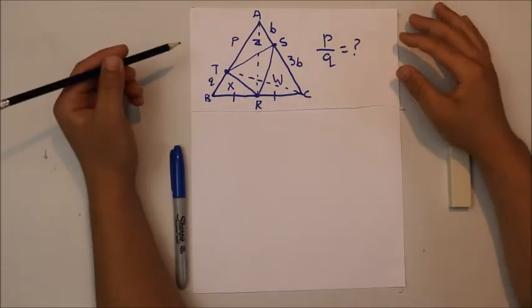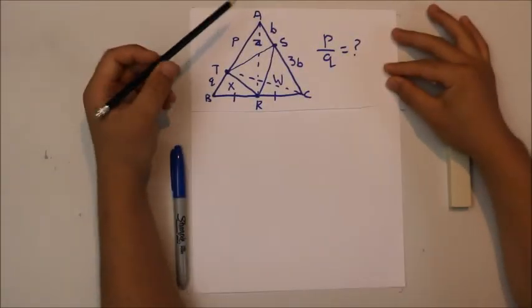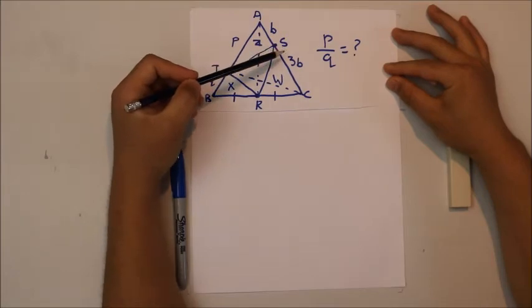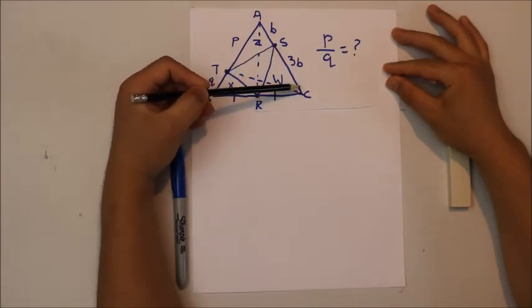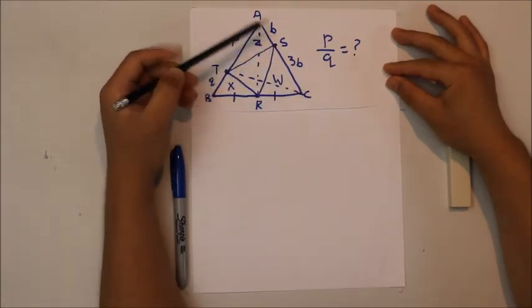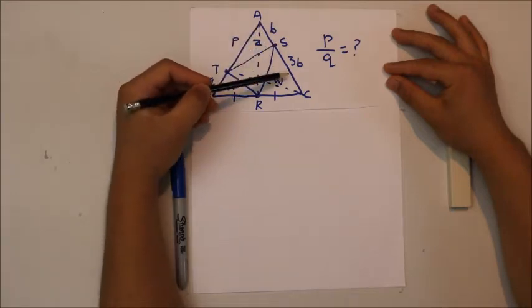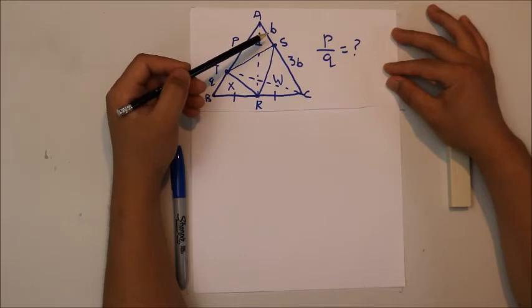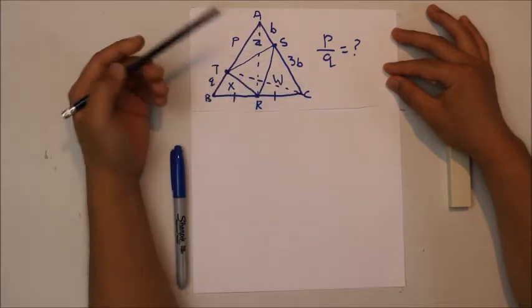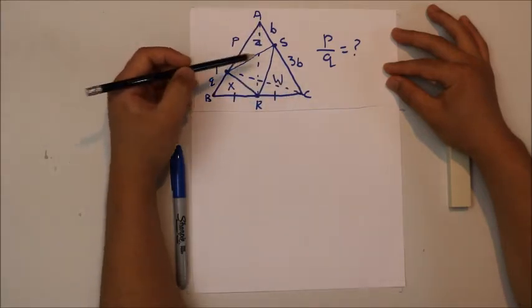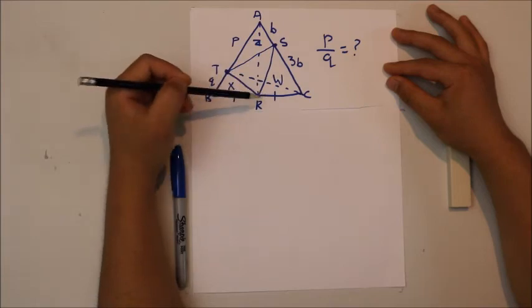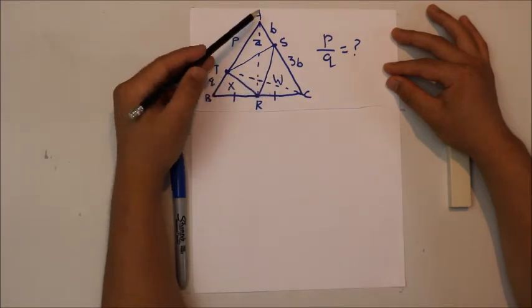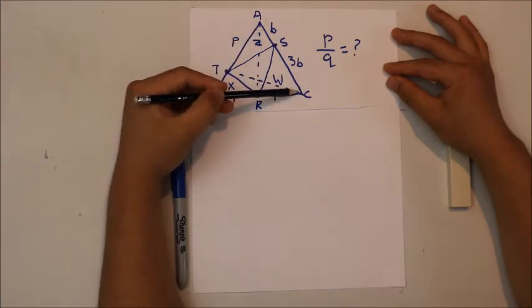Let's find the equation for W. By looking at this drawing, we know that the length of SC is 3 times the length of AS. And in relation to AC, it is 3/4 the length of AC. However, let's prove that the area of W is 3/4 the area of triangle ARC.